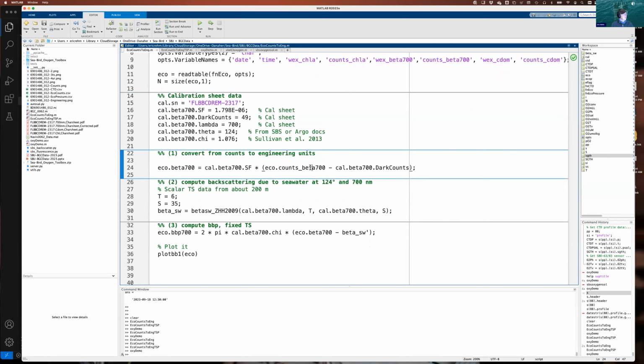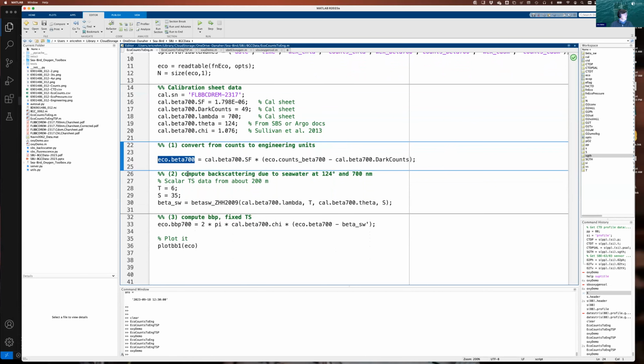And here's that same equation that we saw before, right? So we take our counts, subtract off the dark counts, multiply by the scale factor, and we've got beta. Remember, in the case of backscattering, we're not done. The second step is to compute backscattering due to seawater at 124 degrees and 700 nanometers. Well, I have a function provided by the guy who wrote the paper that does that. So all I have to give it is this calibration wavelength, temperature, the scattering angle, and salinity.